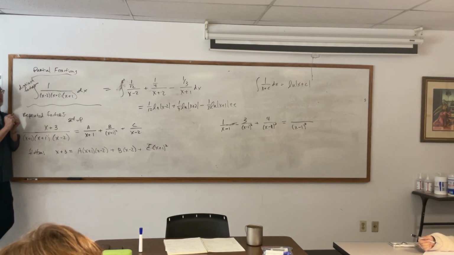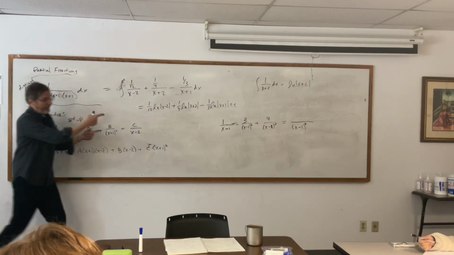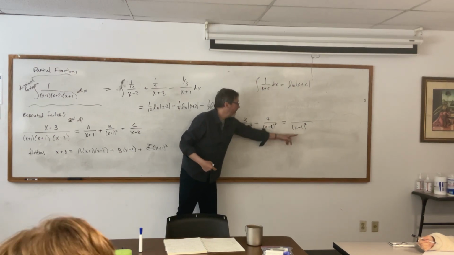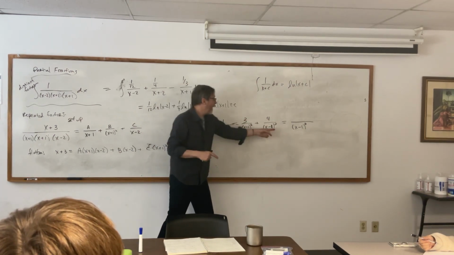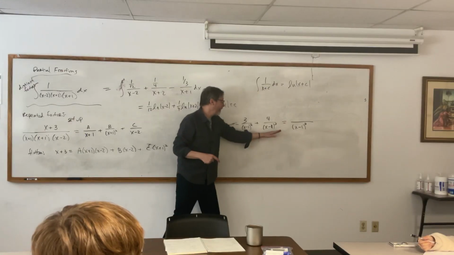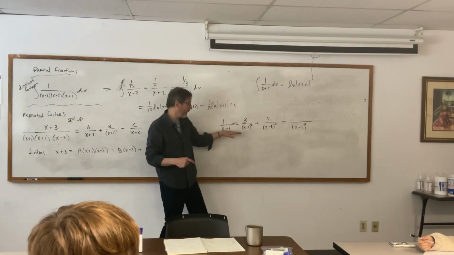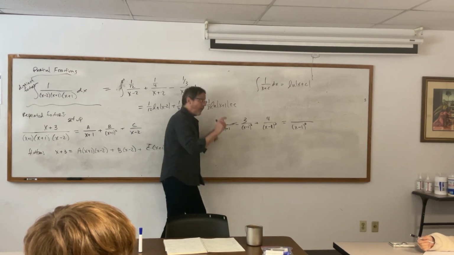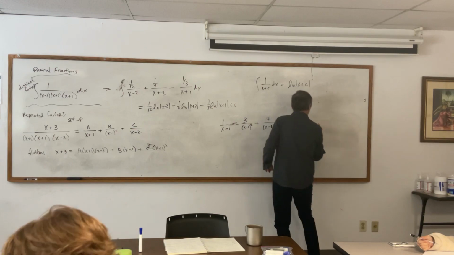So it really comes down to this: if I have one of these and I wanted to know where it came from, it could have been this, could have been this, could have been all three combined. What if I tack in this?